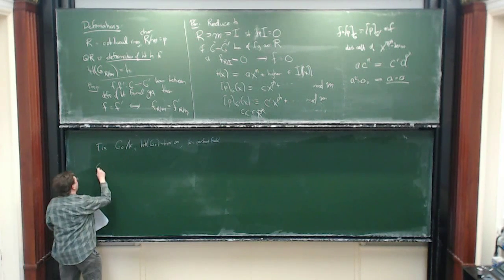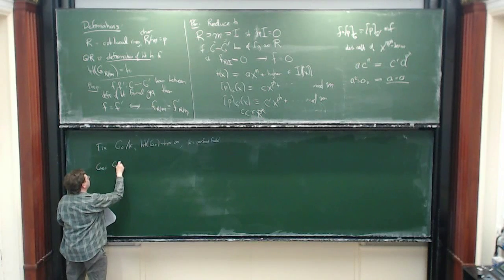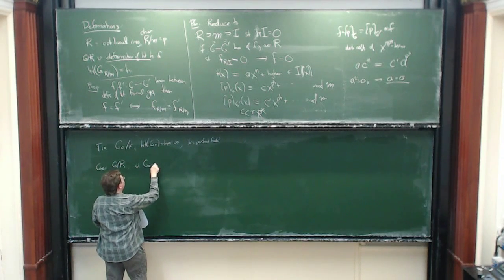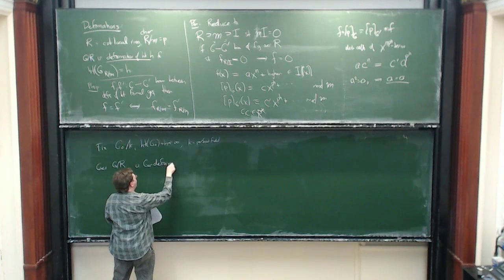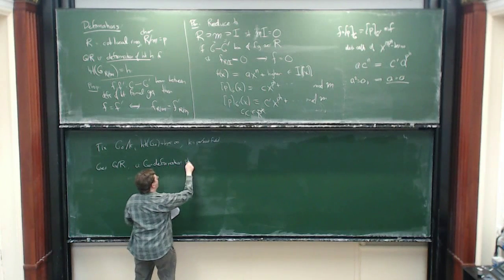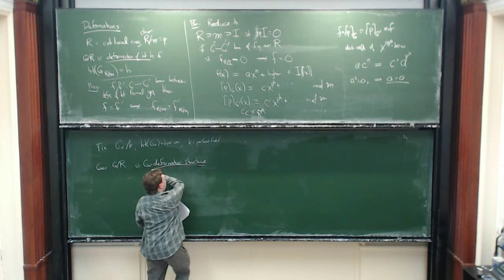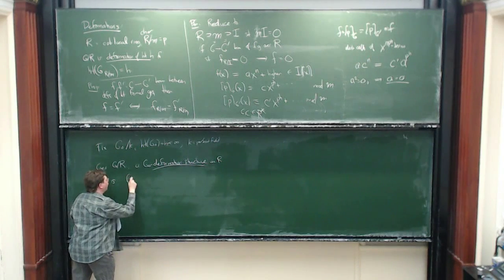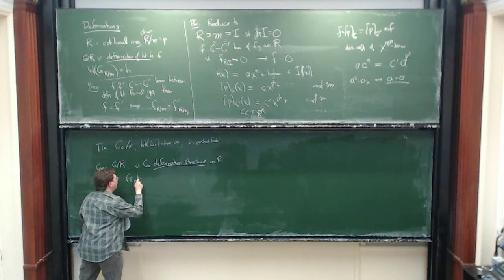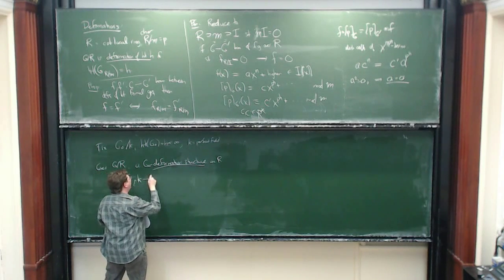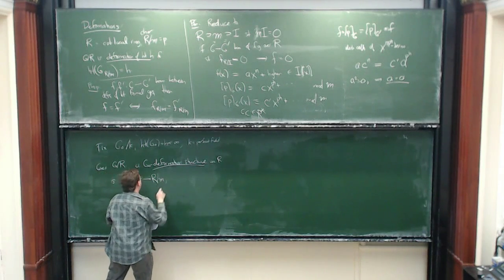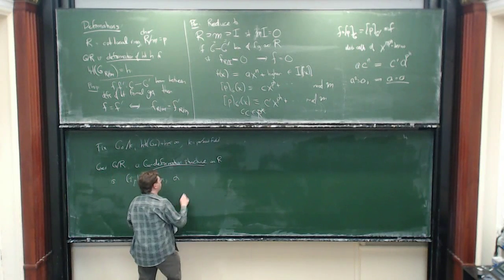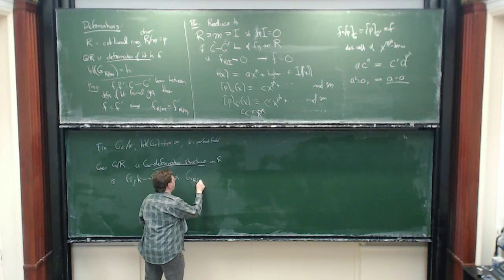Given a formal group over R, a complete local ring, a G0 deformation structure on R is the data, we'll call it i and alpha. i is an inclusion of fields of K into the residue field of R, and a choice of isomorphism of formal groups over R mod m.